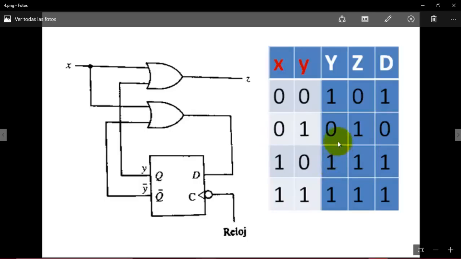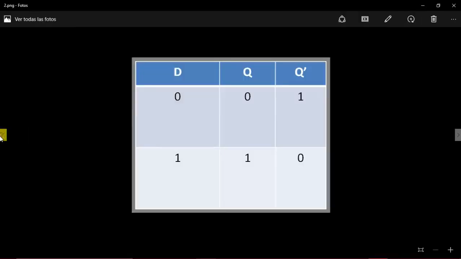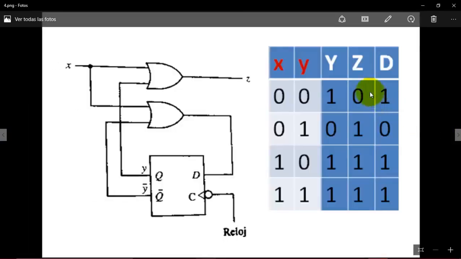If we see the behavior of D, when we have 1, we are going to obtain a 1 in Q, which is our Y. So this column is the same as this.